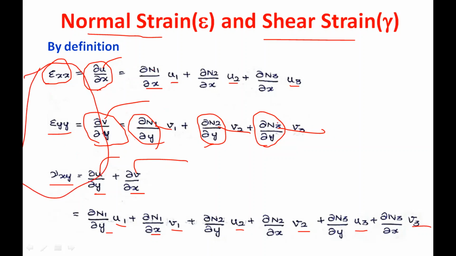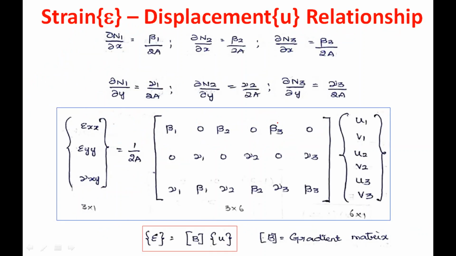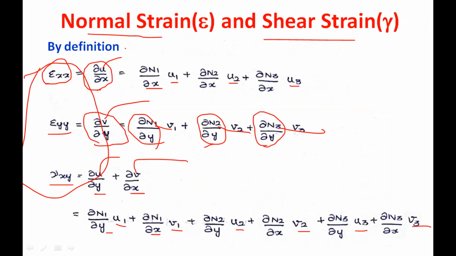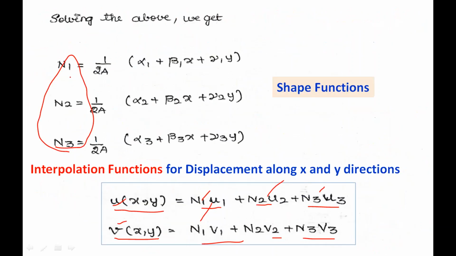You will see when you write all these three strains in the matrix form, what is the dou n1 by dou x value? n1 is alpha 1 plus beta 1 x plus gamma 1 y, right? That is what we defined here. When you differentiate n1 with respect to x, you will get only beta 1 by 2a. When you differentiate n1 with respect to y, we will get gamma 1 by 2a.